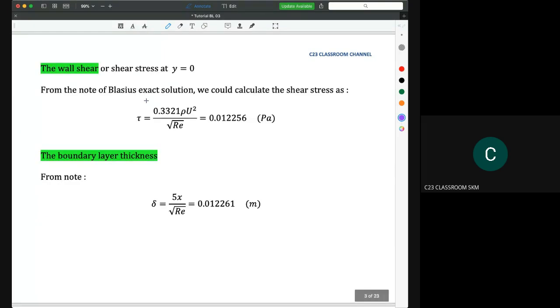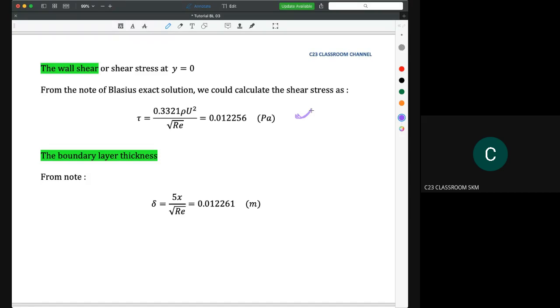Let's say the wall shear, or the shear stress at y equal to 0. Please refer to my notes of Blasius. We could calculate it from the Blasius exact solution. You may see your notes, or you could watch videos about this. From the Blasius exact solution, we could calculate the shear stress as follows: tau is equal to 0.3321 rho u square over square root Reynolds number.